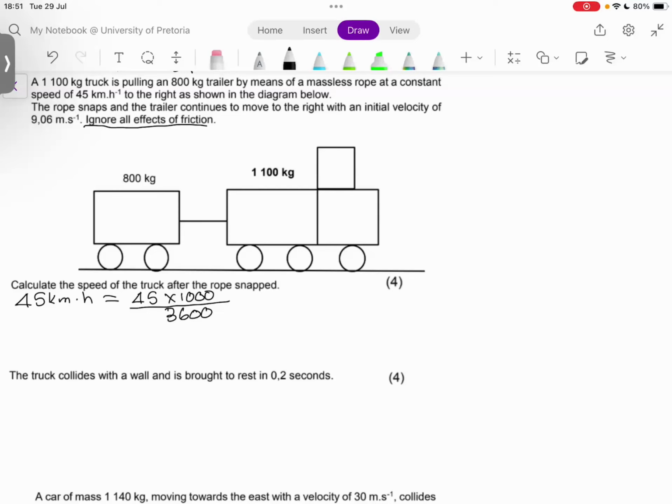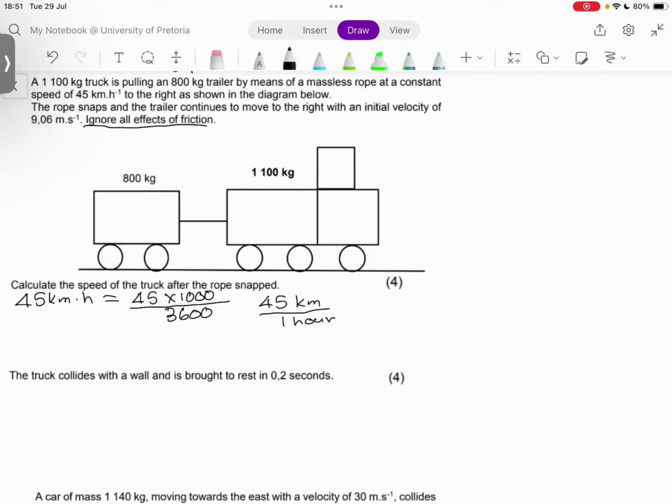Okay, somebody's asking, how did I convert? We have 45 kilometers per 1 hour, right? 1 kilometer is the same as 1 times 10 to the power of 3 meters.